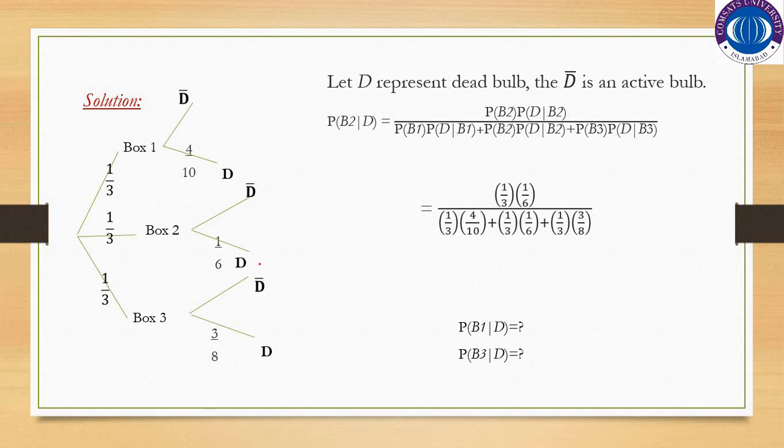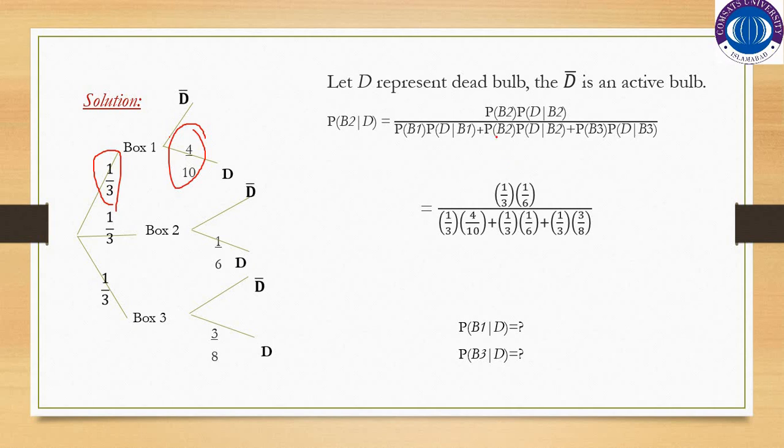We can find out from this tree diagram the probabilities of the mentioned events. Probability of B2, that is the probability that box 2 will be selected, is 1 by 3. And probability of D given B2, that is a dead bulb coming from box 2, is 1 by 6. Probability of B1, the selection probability of box number 1, which is 1 by 3, into probability of D given B1, that is the selection probability of a dead bulb from box 1, is 4 by 10.